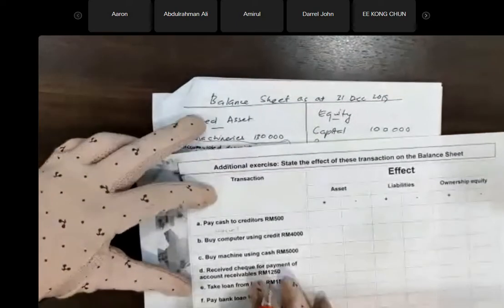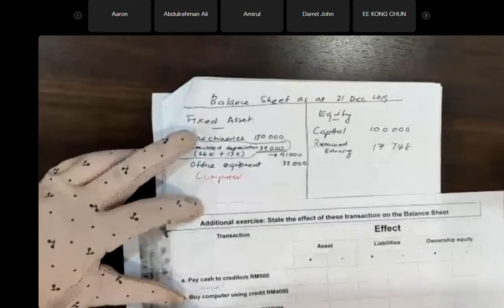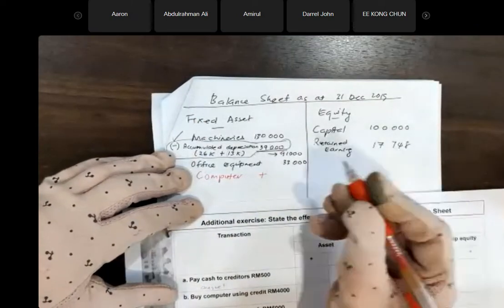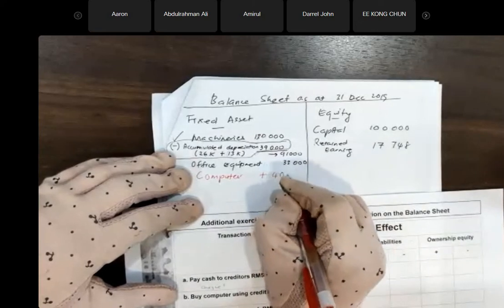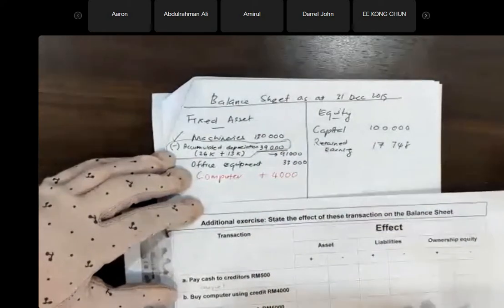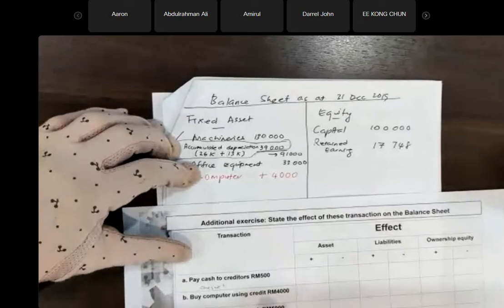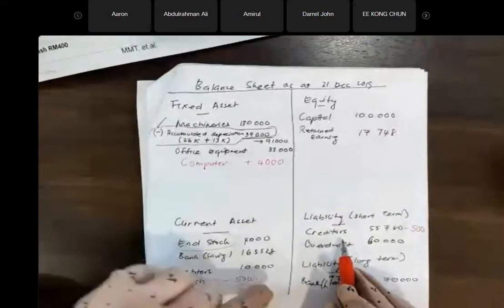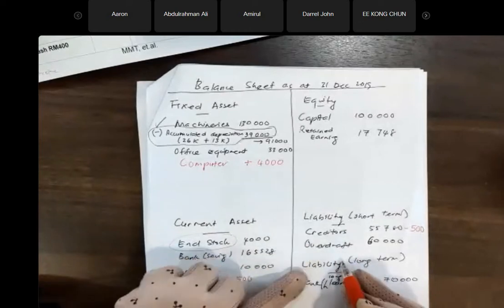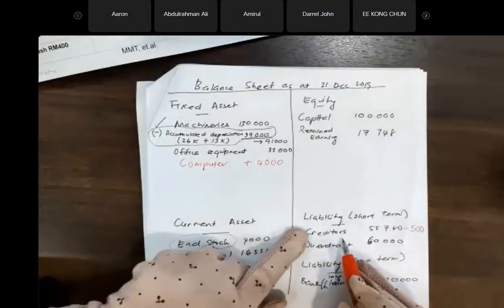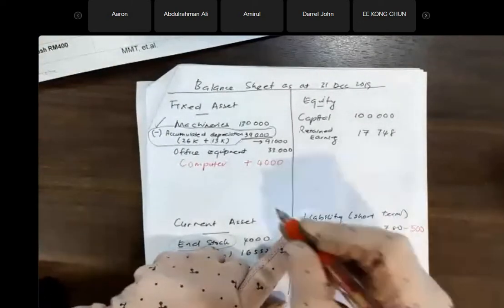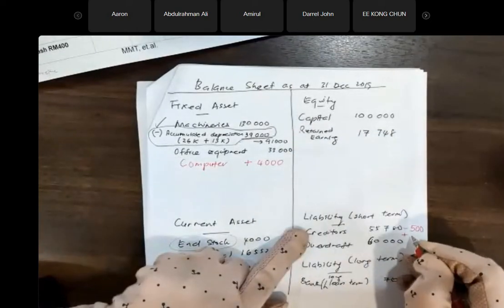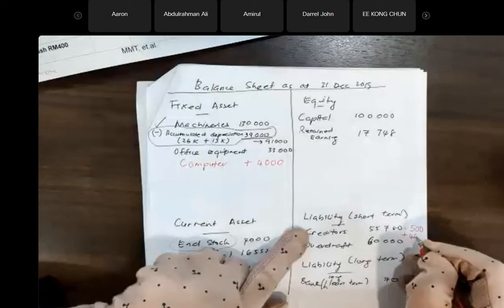You buy computer, so you get computer. What is the cost? 4,000. You buy the computer on credit, so that means creditors, maybe bank, tapi dia tak cakap, so credit lah. Credit 4,000, so you add your hutang 4,000.